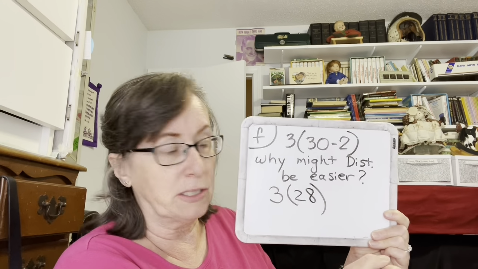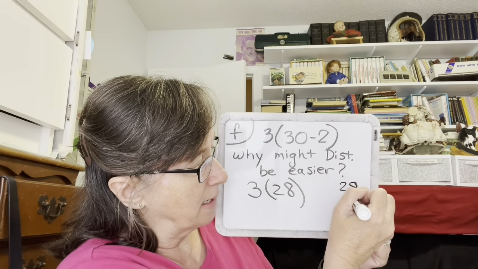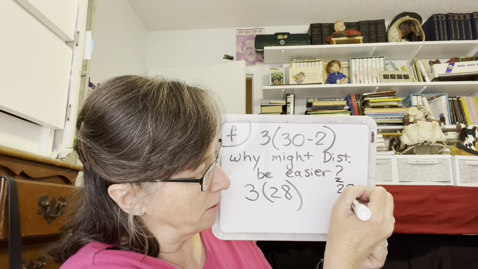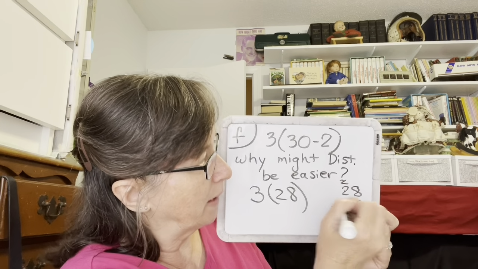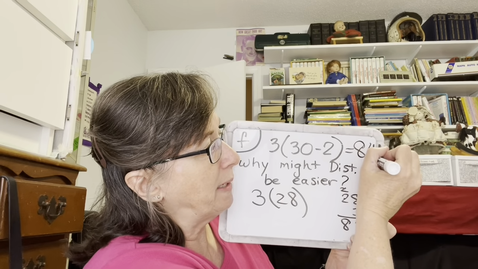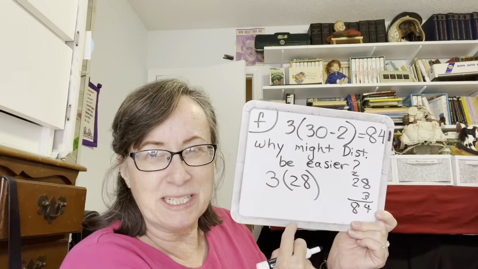Oh, that's kind of hard to do, isn't it? Okay, so we're going to have to take 28 times 3 is 24. 2 times 3 is 6, 84. Okay, so it is 84, but because we have more tedious multiplication, it might take us longer than distributing.